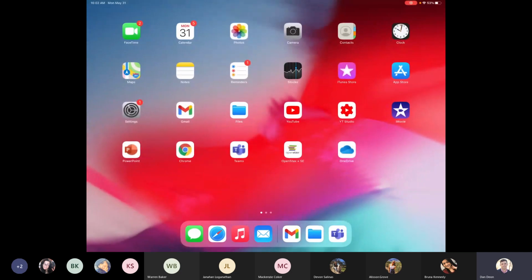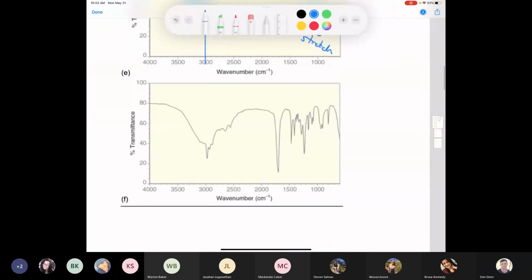Okay, and the last one, does anybody have a thought about the last one? Yeah, thanks. Everybody's correct. They have a big old oxygen-hydrogen stretch that ranges all the way from here to here.